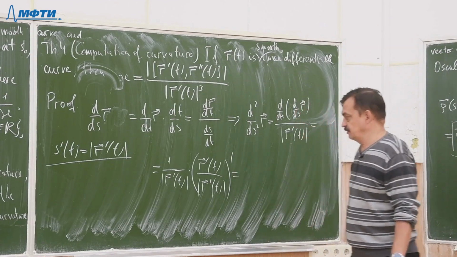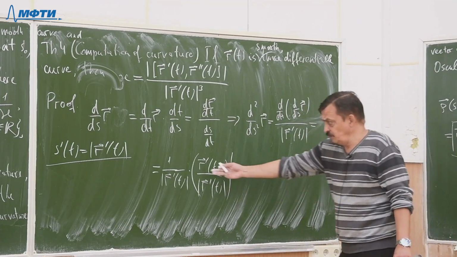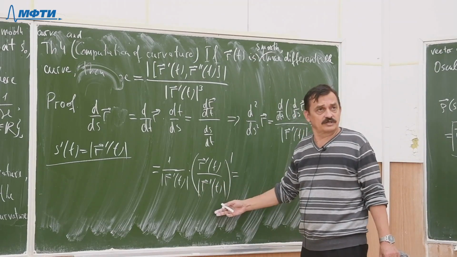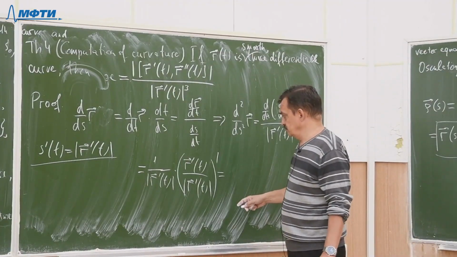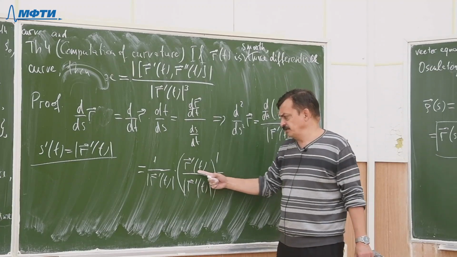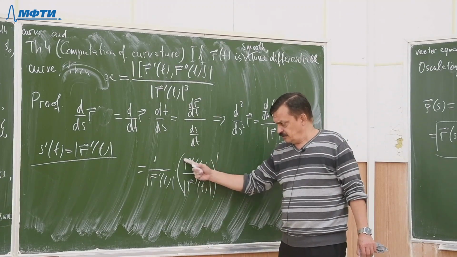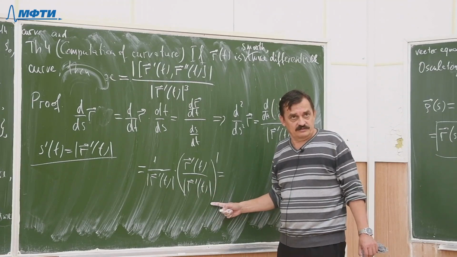Okay, then what is it? We differentiate a ratio, right? Or better to say, the product of a vector by the constant 1 over this length. That is better.